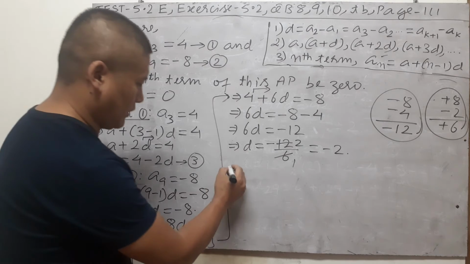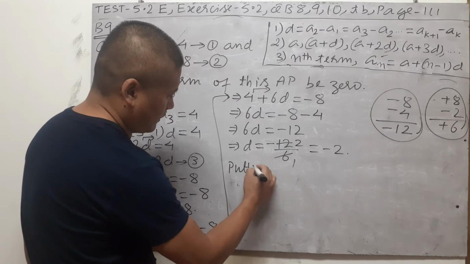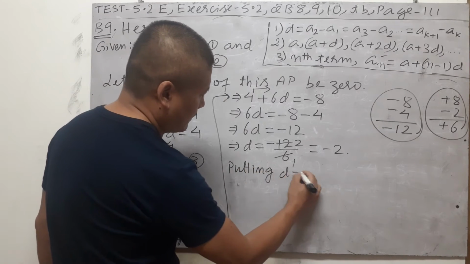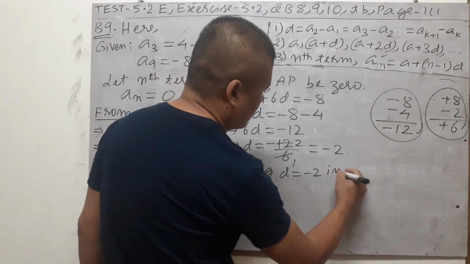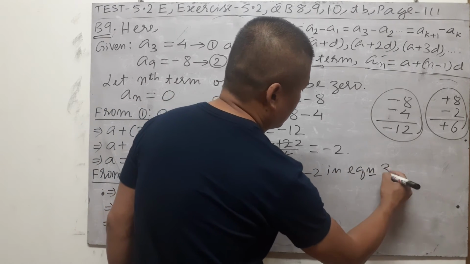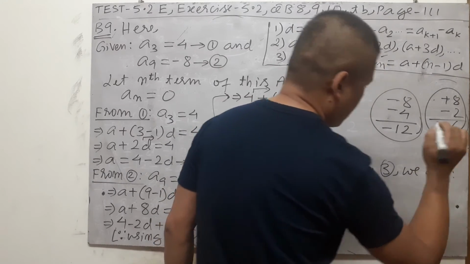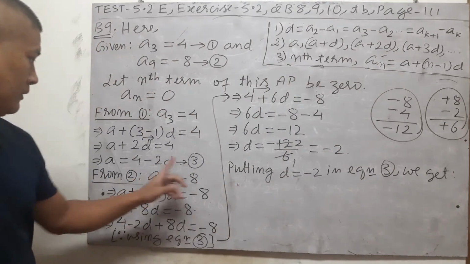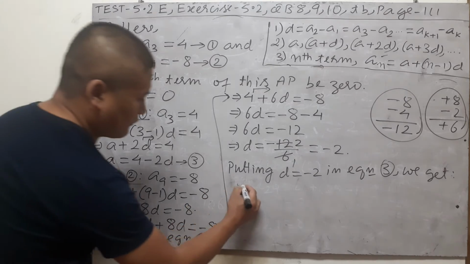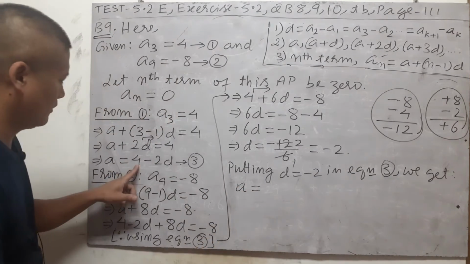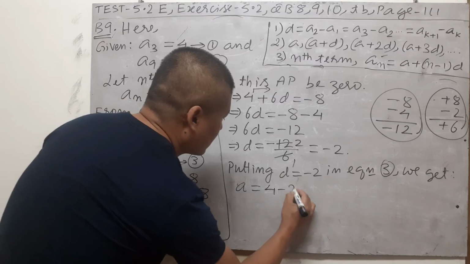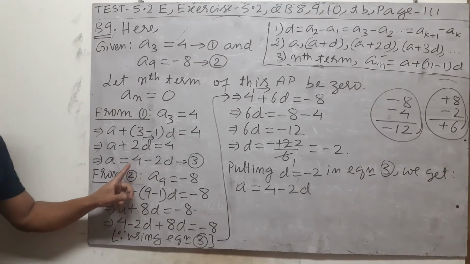So in order to get your a, you can write down here, putting d equal to minus 2 in equation number 3, we get a. Because a is perfectly arranged, a equal to 4 minus 2d, as you can see here.